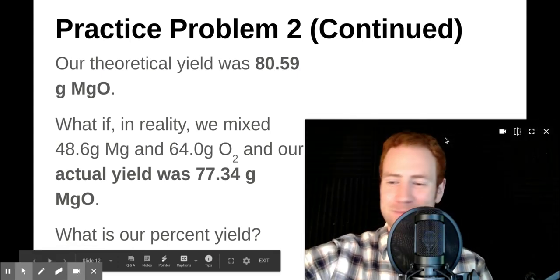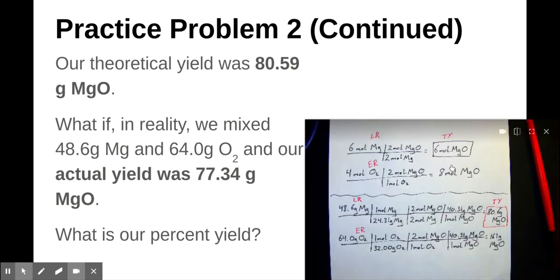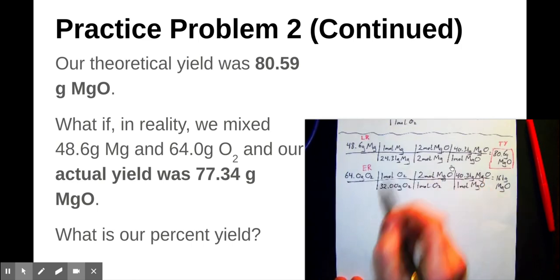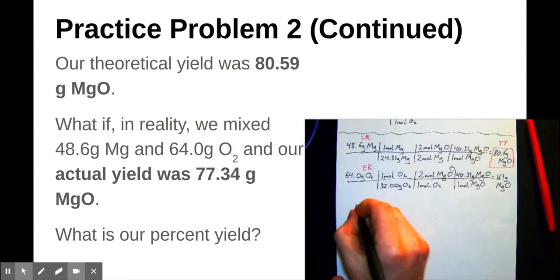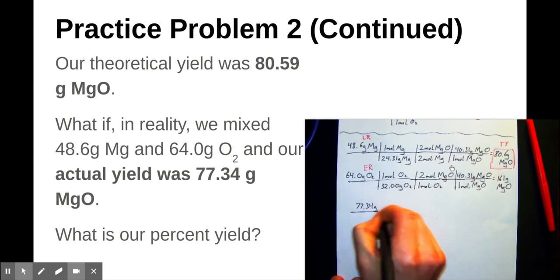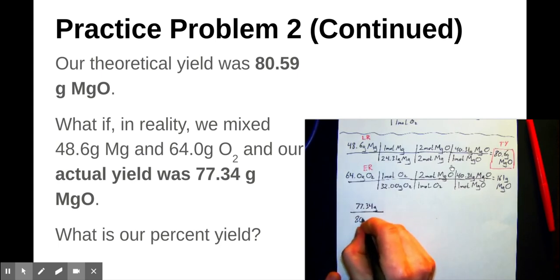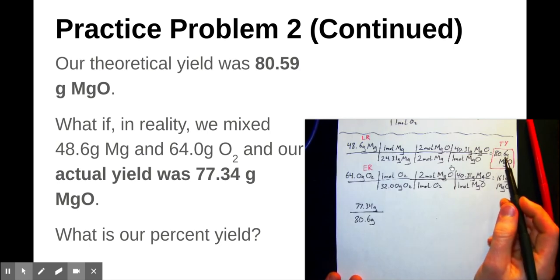All right. Well, the good news is that this is quite a bit simpler than this whole process. We know that our actual yield was 77.34 grams. We know that our theoretical yield was 80.6, and I'm going to use 80.6 because it's what we got with correct significant figures.